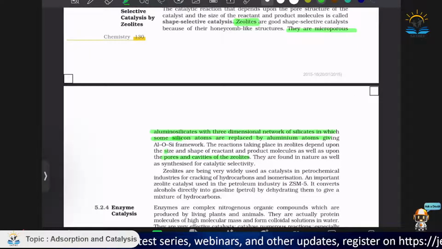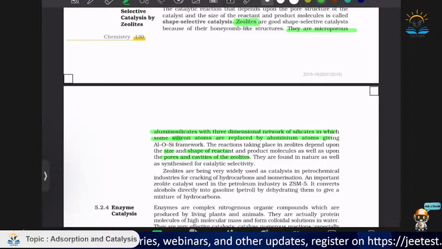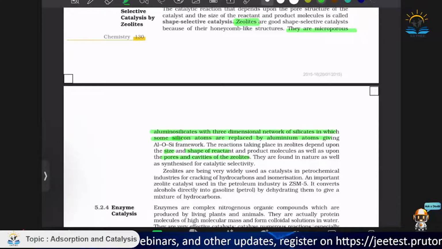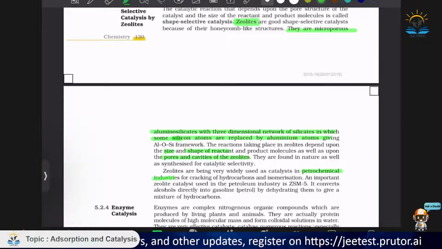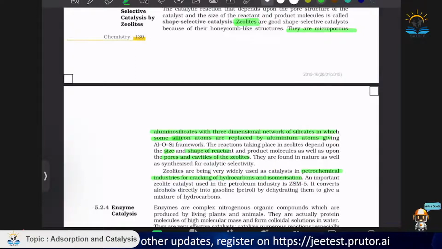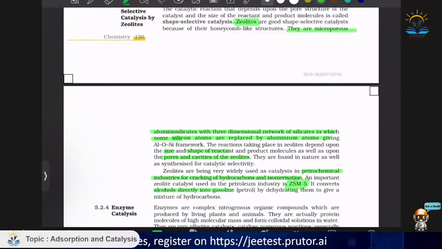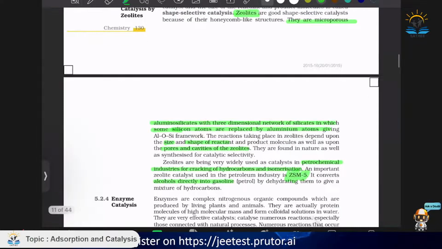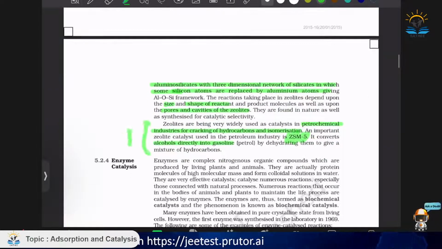So the size and shape of the reactant is important. Examples are in petrochemical industries for cracking of hydrocarbons. An example is ZSM-5. It converts alcohols to gasoline or petrol. So all these examples are important. ZSM-5.